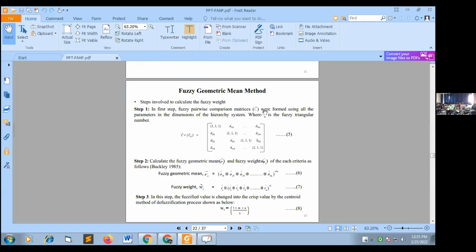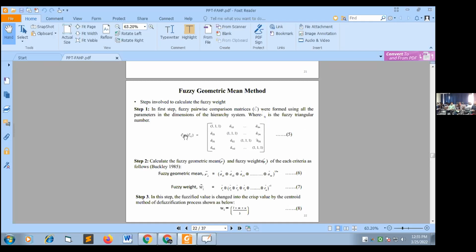So the fuzzy geometric mean method. We have common steps like classical AHP in fuzzy set theory. In fuzzy AHP, we just have the data where the entries are fuzzy numbers. So in the first step, a fuzzy pairwise comparison matrix is formed using all the parameters in the dimensions of the hierarchy system.